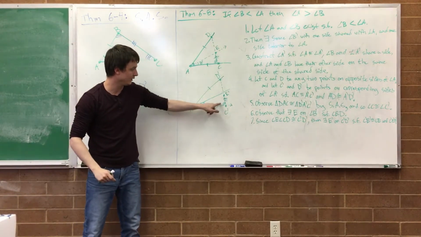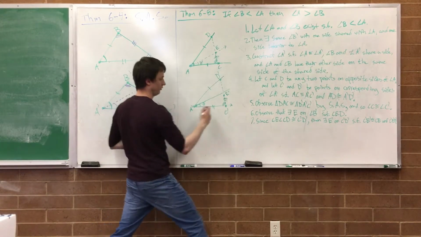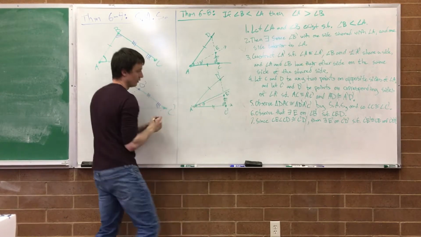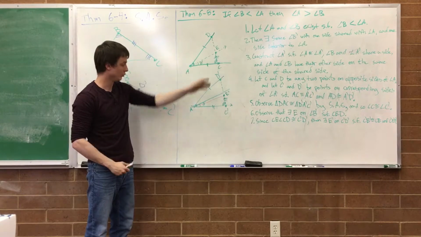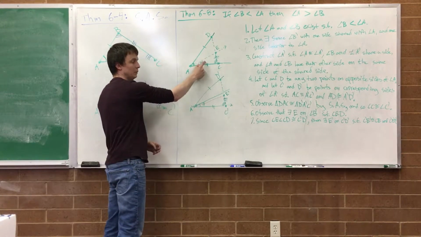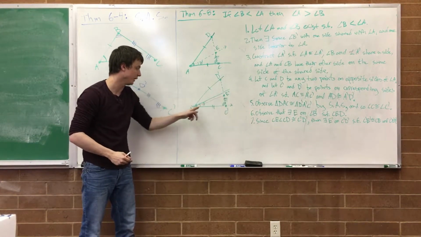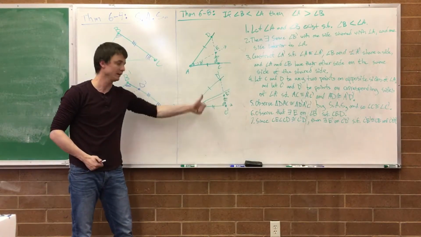So by side, angle, side, I'll do it in red again so that I'm consistent with how I explained it last time, this triangle is congruent to this triangle, which means that this angle, E prime, A prime, C prime, is congruent to B, and so E prime, A prime, C prime is angle B, because they're on the same side.